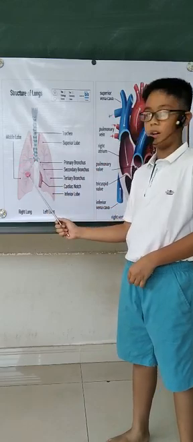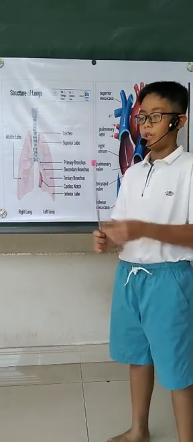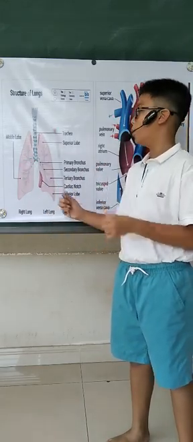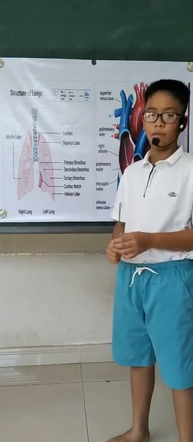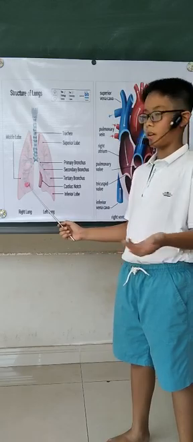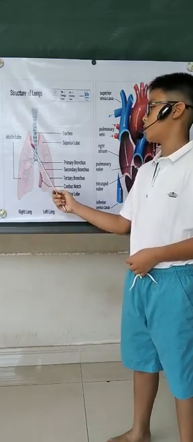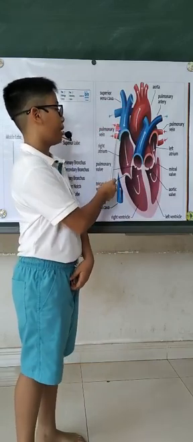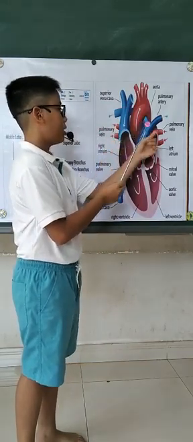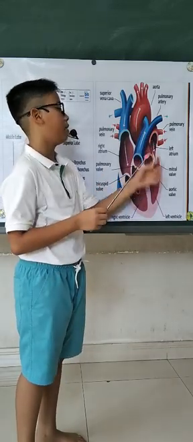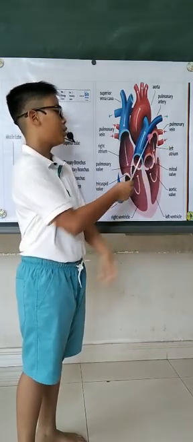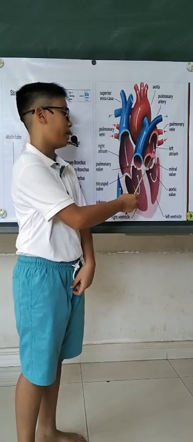It enters your lungs, and this deoxygenated blood will mix with all of the oxygen in your lung. Then, after mixing with oxygen, this blood will travel through the pulmonary vein, which is this little red tube right here. It will travel through that, and then it will enter the left atrium, which is this little part right here.